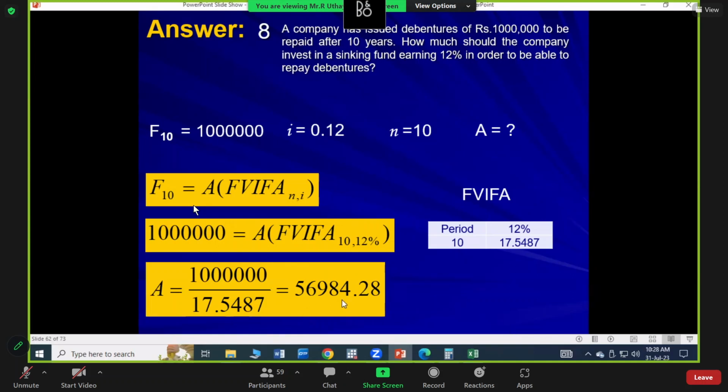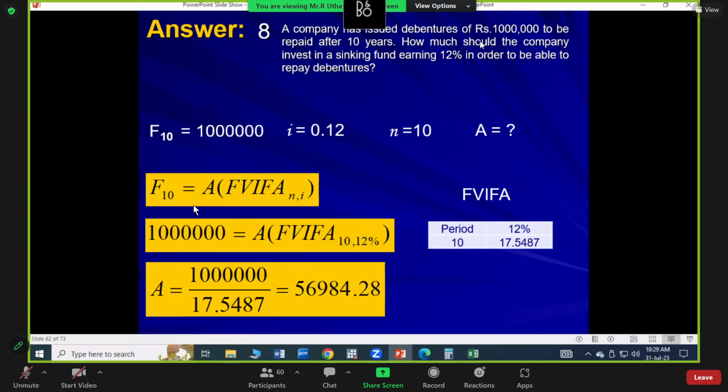So you can find that when we divide, approximately 56,984 should have been invested at 12% interest in the sinking fund every year. Then by the end of the 10th year, there will be 1 million in hand for the company.